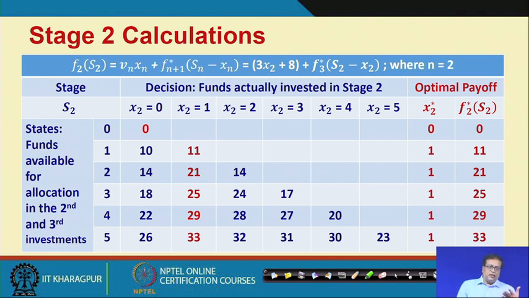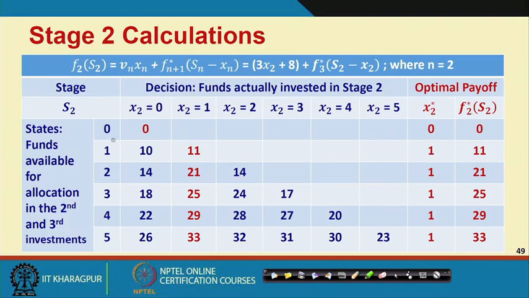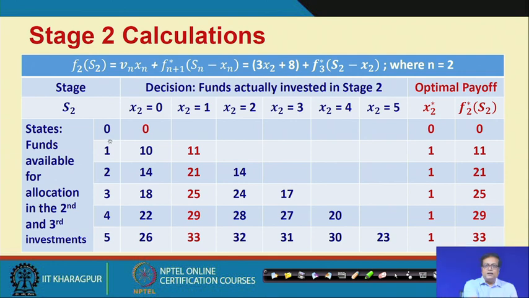At stage 3 you have spent a certain amount, the remaining amount you spend at the second stage. So, at second stage if you spend nothing and the remaining money is 0, that means in the third stage also you have spent nothing. But if the remaining money is 1 and at the second stage you have spent 0, that means the remaining one you must have spent in the third stage.